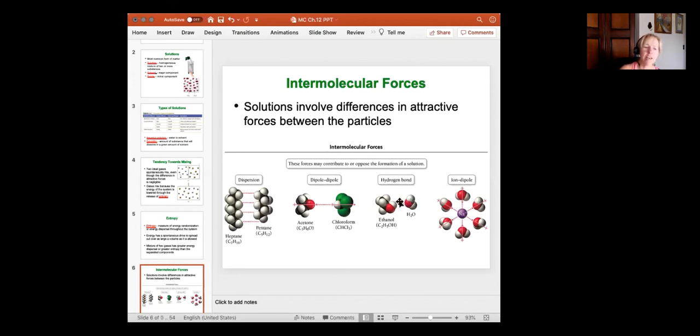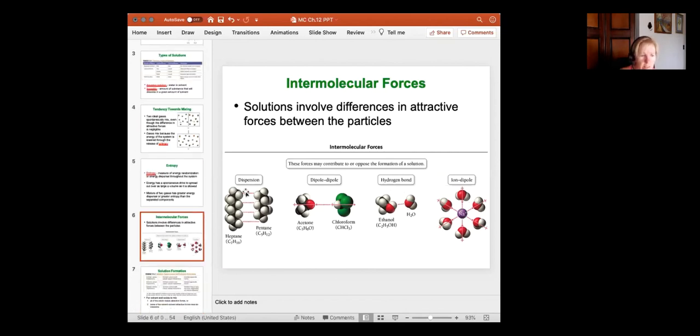You have this association between the hydrogen in one molecule and the electronegative element in the other, and that's a hydrogen bond. It's much stronger than a dipole-dipole. And at the pinnacle, the highest, is ion-dipole, where you have aqueous ionic compounds. This is the intermolecular force that allows an ionic solid to be broken apart and solvated.